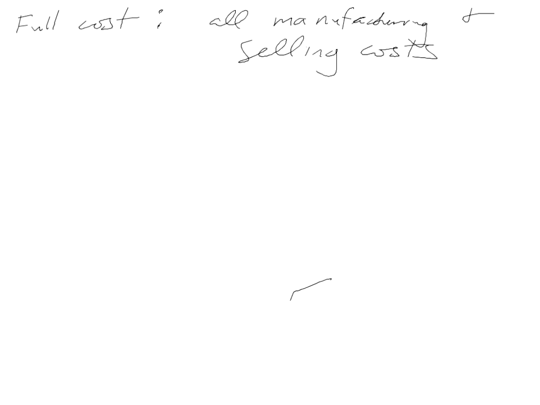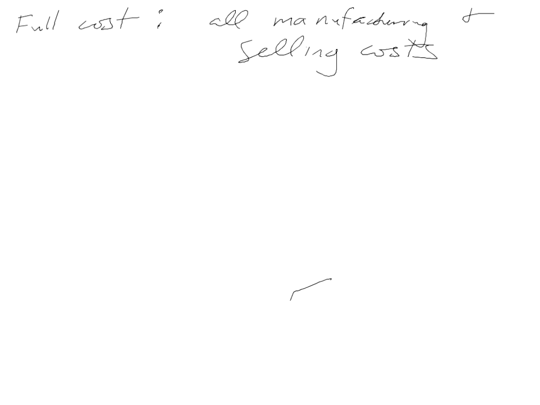And if you go back to our slides, or if you look in the book, full cost per unit, that's the sum of all manufacturing and selling costs. Okay, so we're going to have to look at all of these costs.